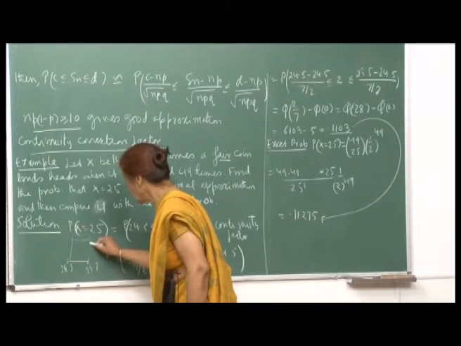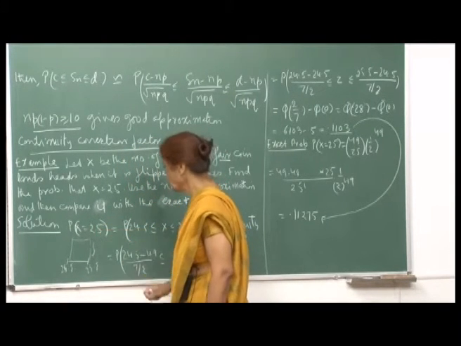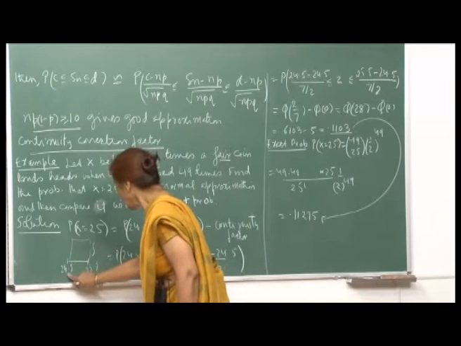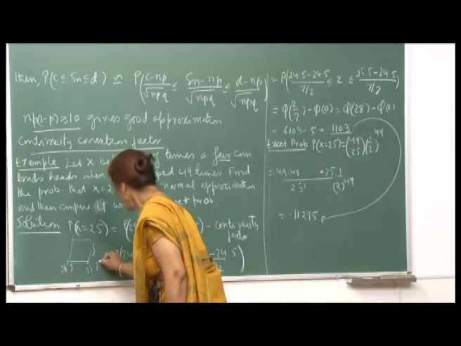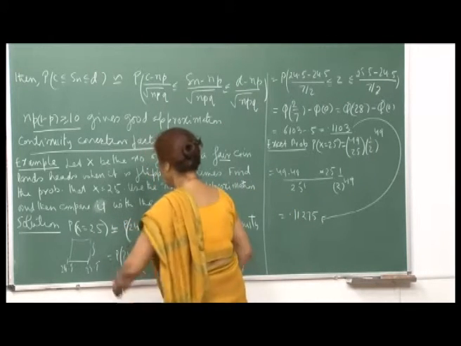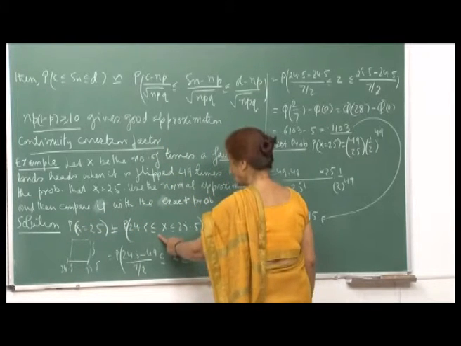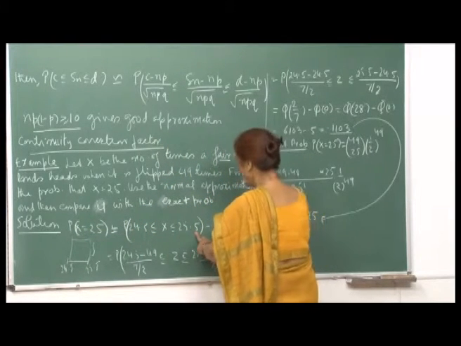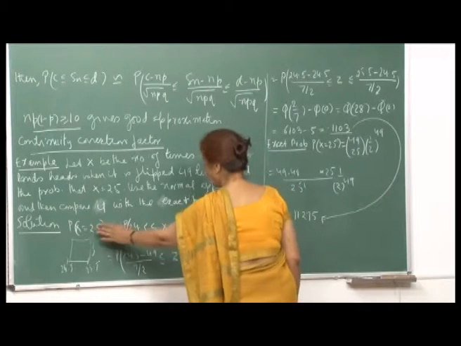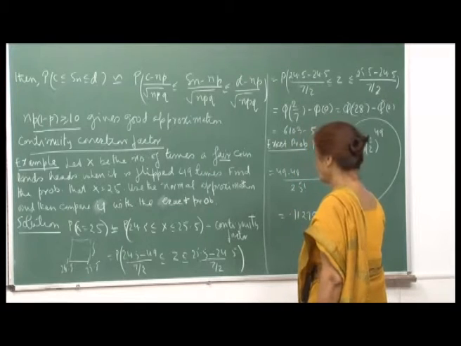So, this is the bar, and the height is the probability that you associate with x equal to 25. Therefore, the approximation will be 24.5 less than or equal to x less than or equal to 25.5. So, I am now approximating this event by this event, because of the continuity factor.